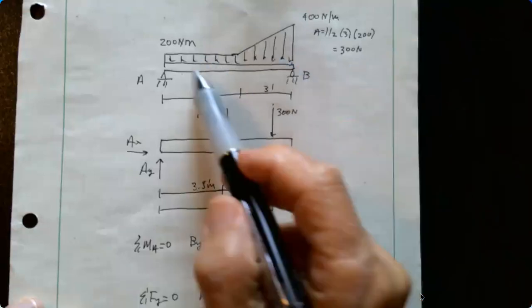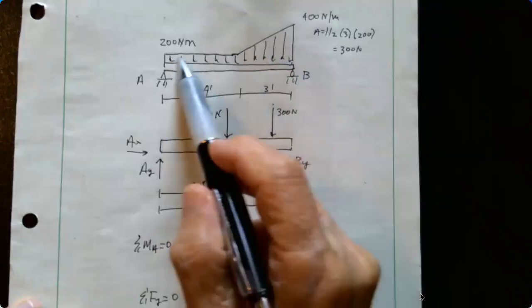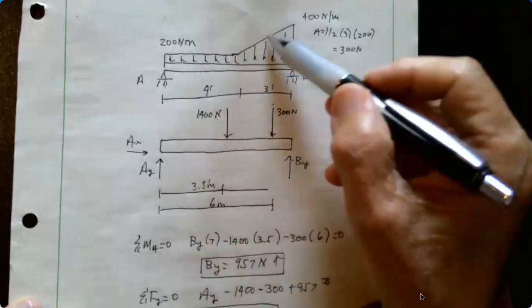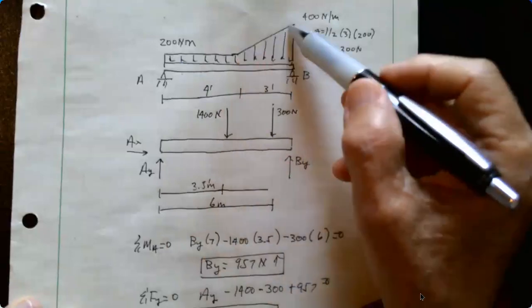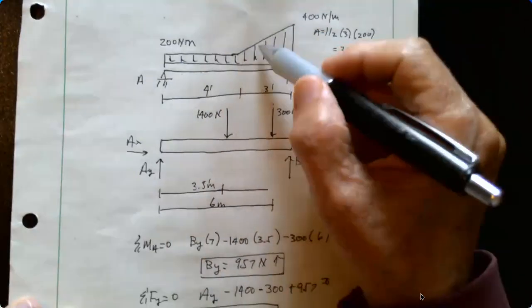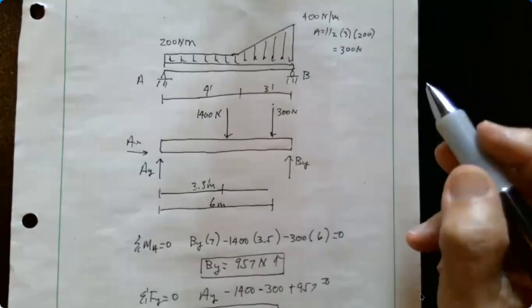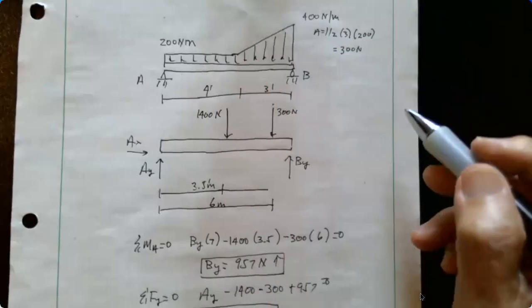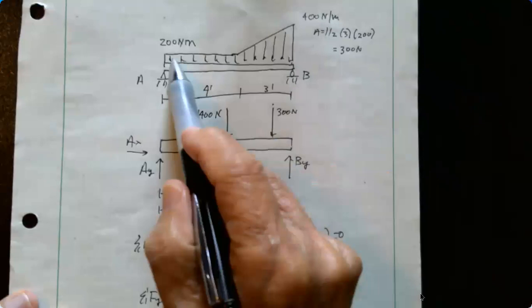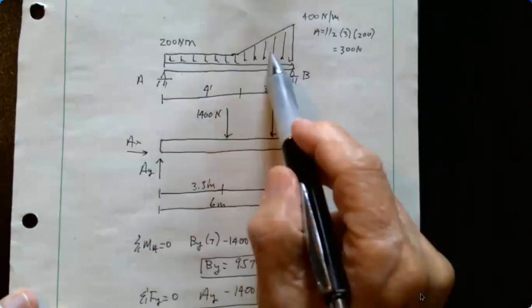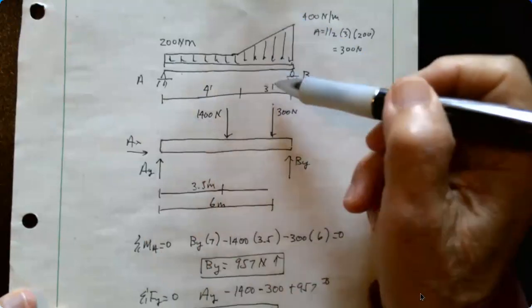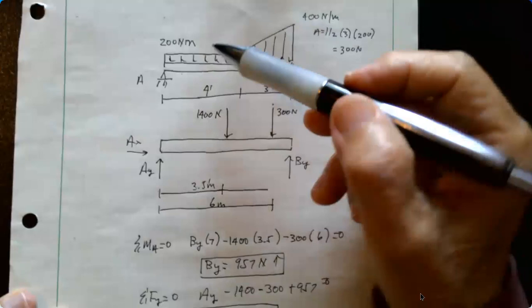We have a load that looks like this. We see it's uniform up to a particular point, 4 feet, and then it starts to be a load that is increasing along a line. So we have really two areas, and the way I would approach this is to make this a rectangle down here that's going to be 4 plus 3, 7 by 200.